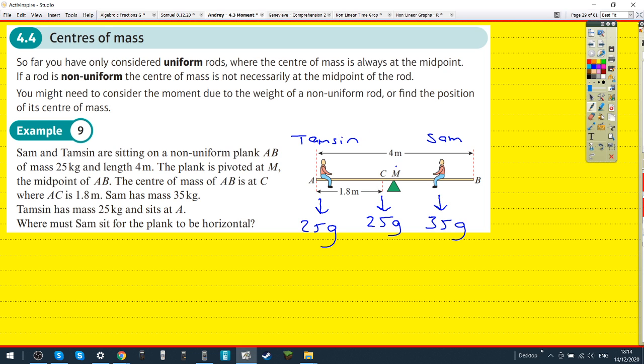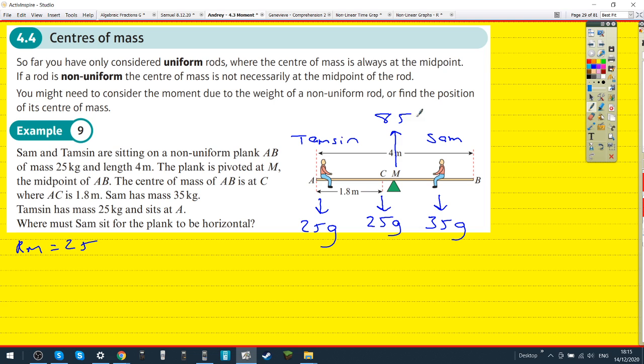It's going to be a reaction off of that one. The reaction at M. Any idea what that's going to be? Will that be like all the weights added together? Yep. So will that be 85G? Well done.